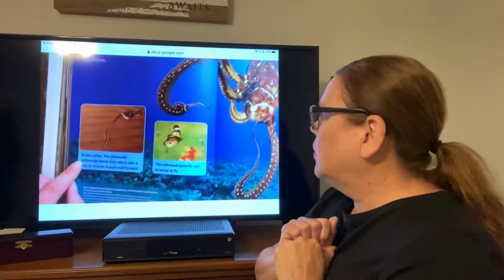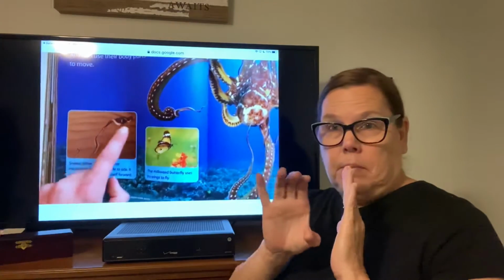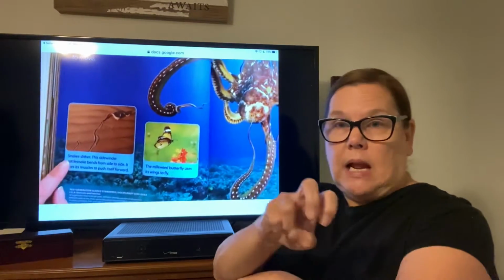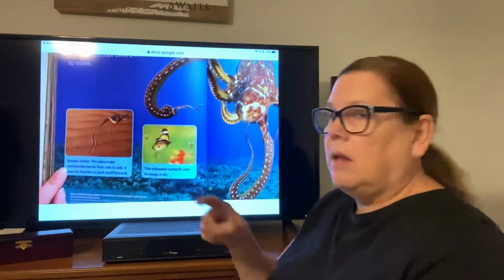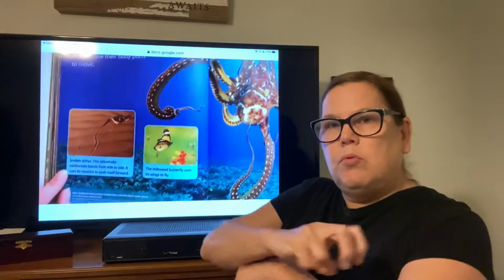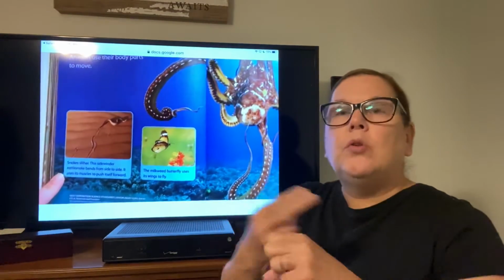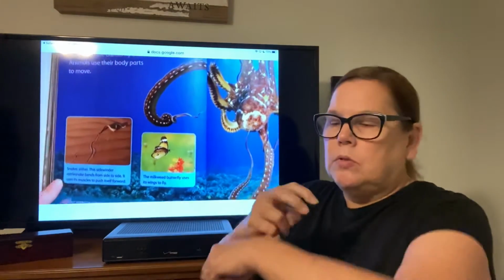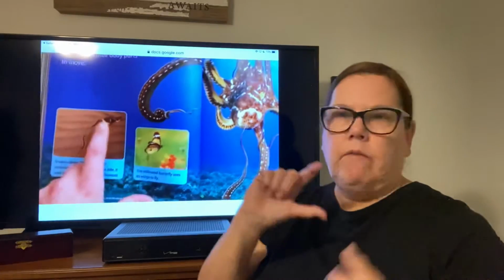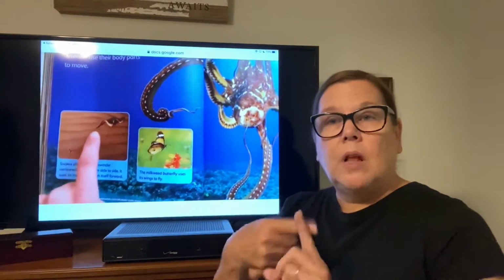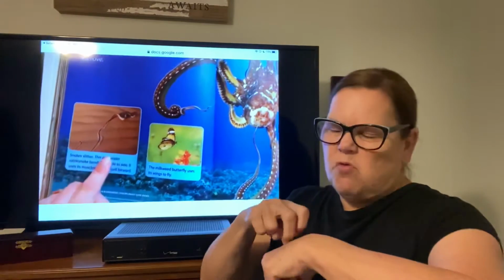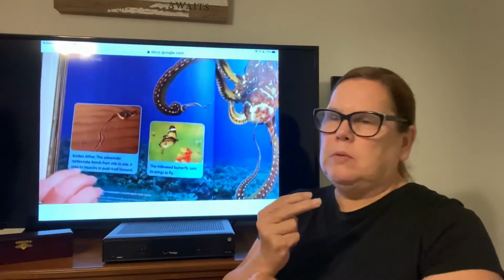Okay, here is a picture of a snake. Snakes slither. This sidewinder rattlesnake bends from side to side. It uses its muscles to push itself forward. Okay, so we know that snakes slither, and they also consider this a type of crawling because they don't have legs.